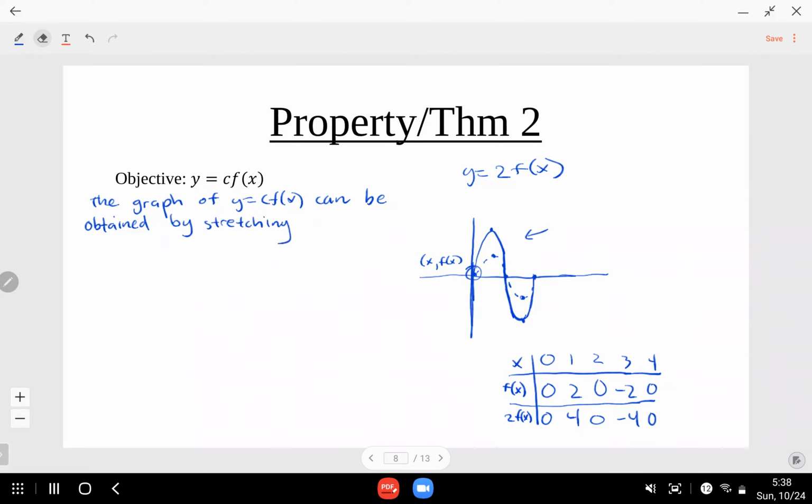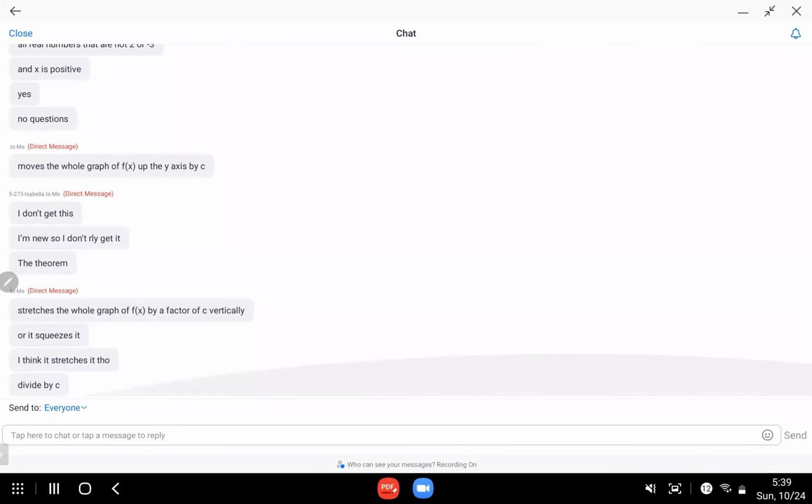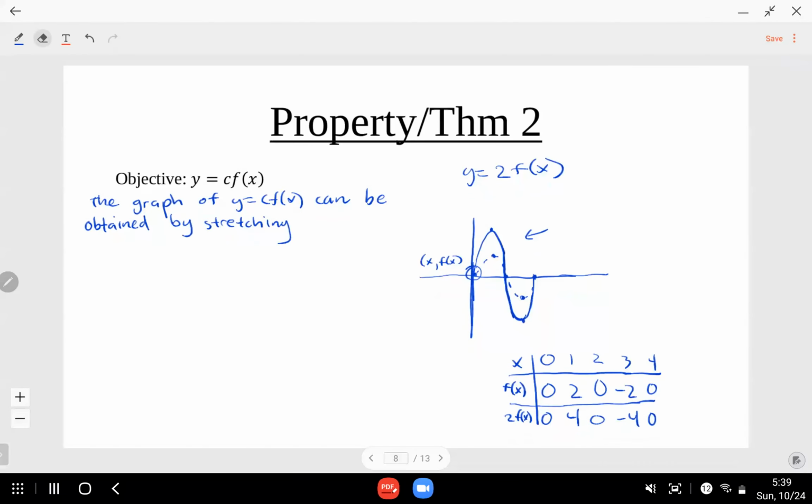So how would you compress? Does anybody know how would you compress the graph of f of x? Divide by c. Not really. Well, you could, but it would be 1 over c.